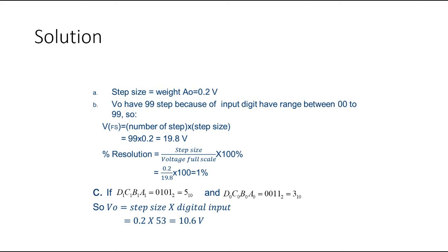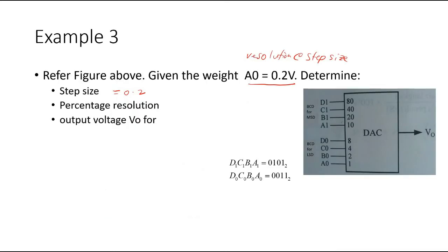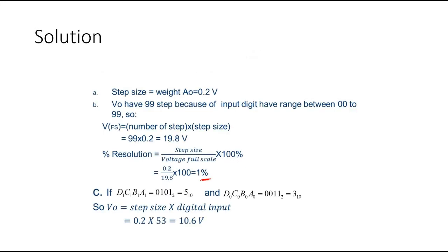The maximum number of steps is 99, multiplied by 0.2 is 19.8 volts. So the resolution equals step size divided by full scale voltage. Resolution is 0.2 divided by 19.8, so we get 1% resolution.